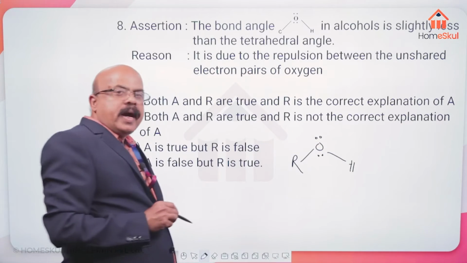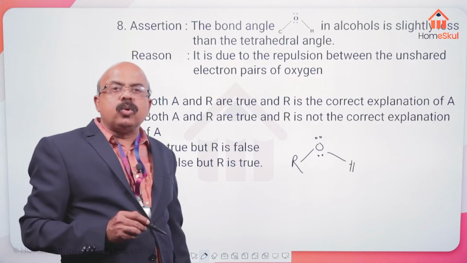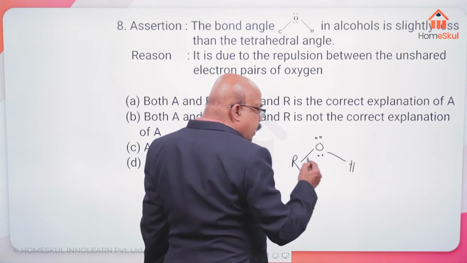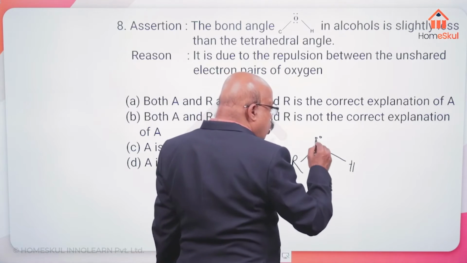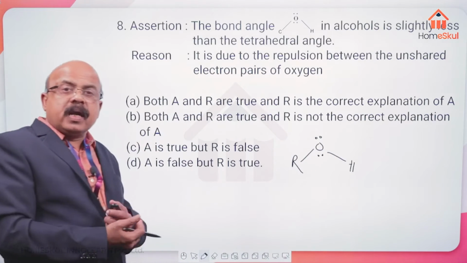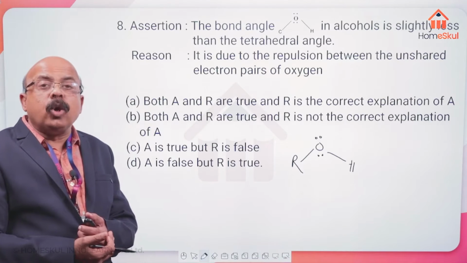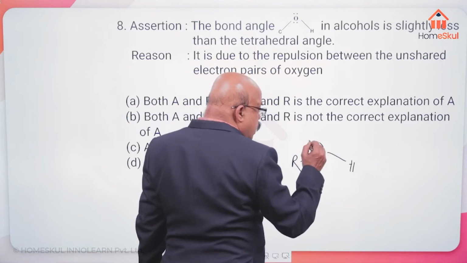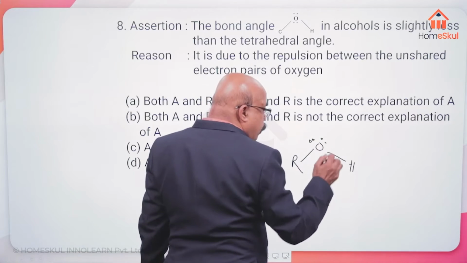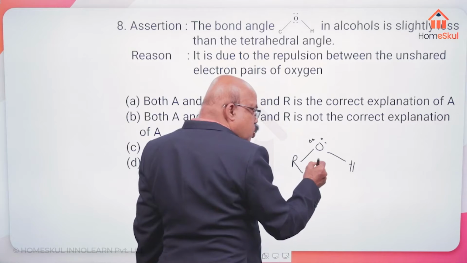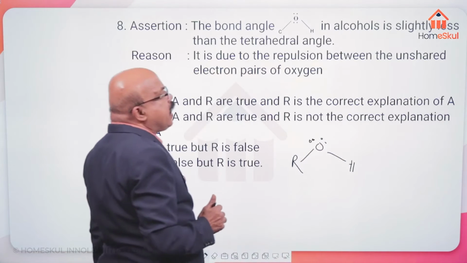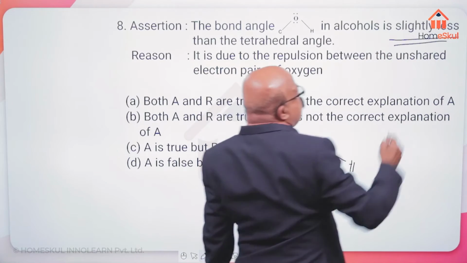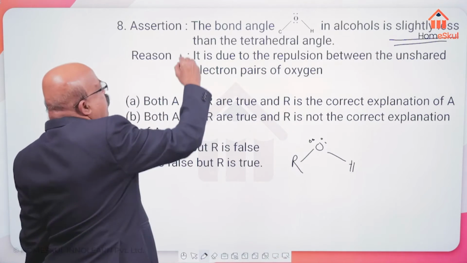Around this oxygen atom, there are two lone pairs and two bond pairs. The expected angle is 109 degree 28 minute, but lone pair repulsion is stronger than bond pair repulsion. Because of this lone pair repulsion, the bonds come closer. As a result, the bond angle is slightly less than the tetrahedral angle. That statement is correct.